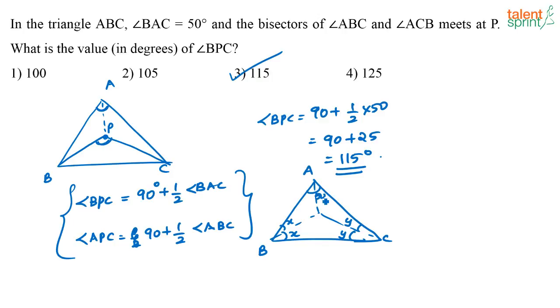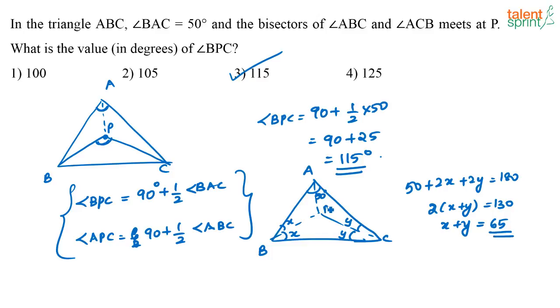And you know this is 50 degrees. Now if I consider the triangle ABC, I can say 50 plus 2x plus 2y is equal to 180, or 2 into x plus y is equal to 130, or x plus y is equal to 130 divided by 2, that is 65.